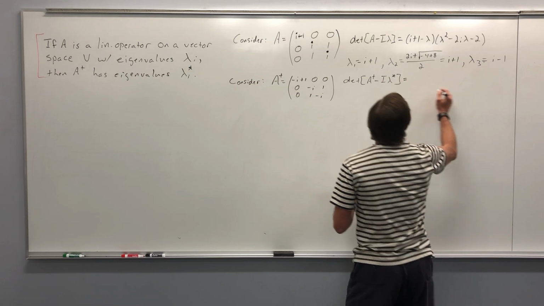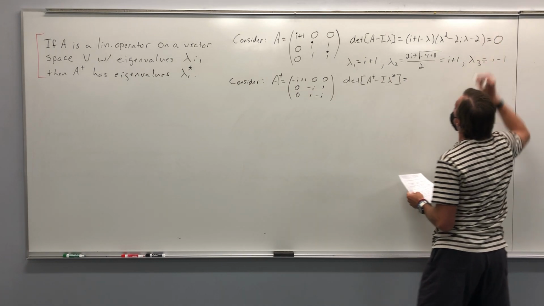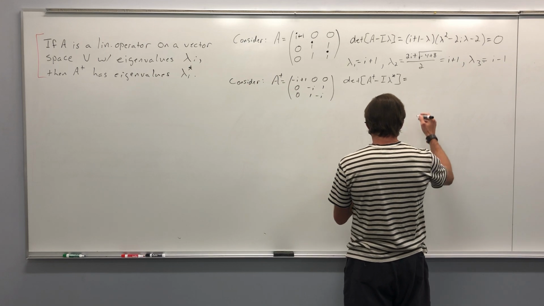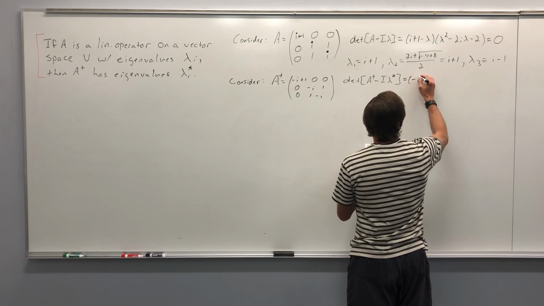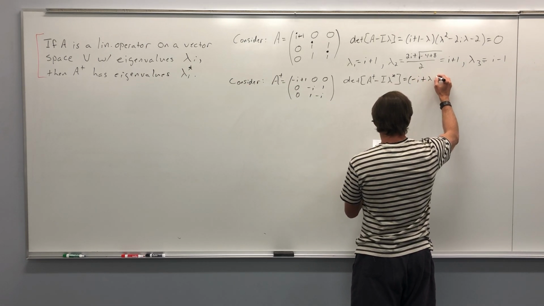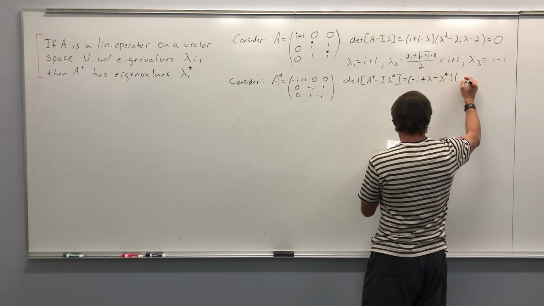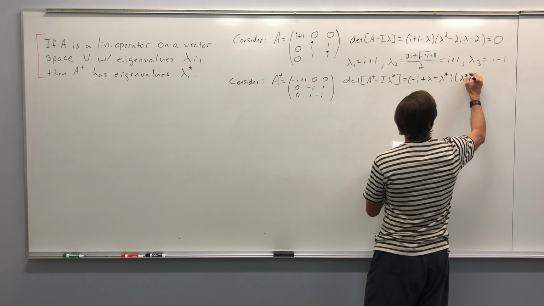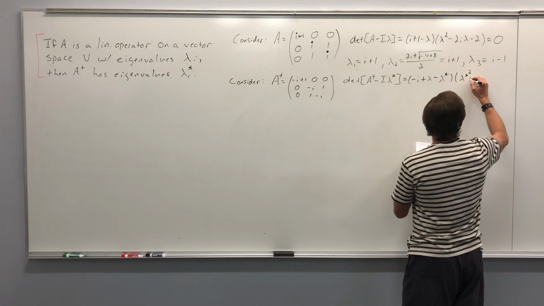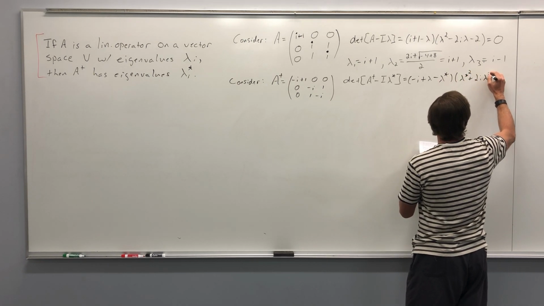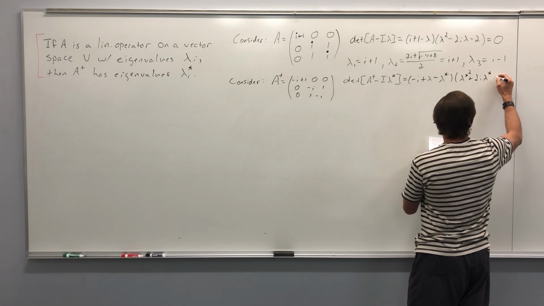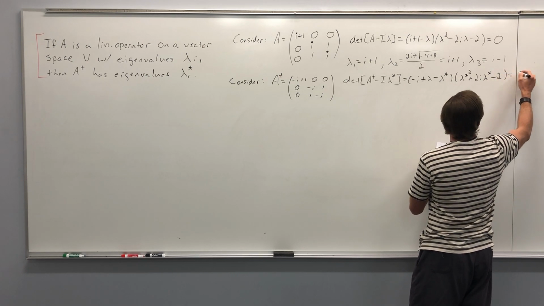So, oh, sorry. This is 0. All right, so this is going to give me (minus i plus 1 minus lambda star) times (lambda star squared plus 2i lambda star minus 2) equals 0.